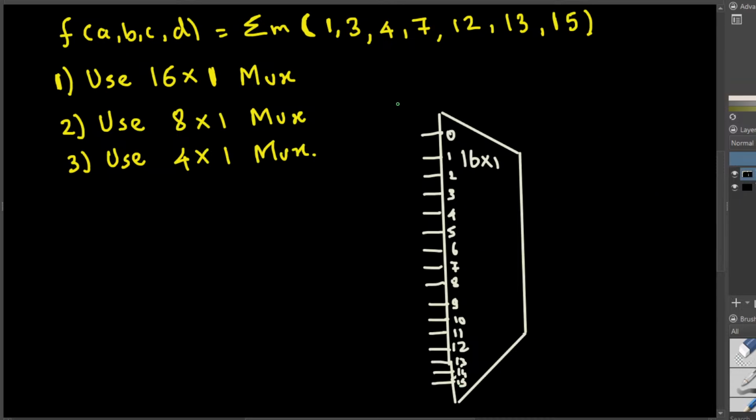What we do is connect the given values with VCC. That's basically it. So here we have 1 at 1, 1 at 3, 1 at 4, then we have 7, then 12, then 13, and then 15.